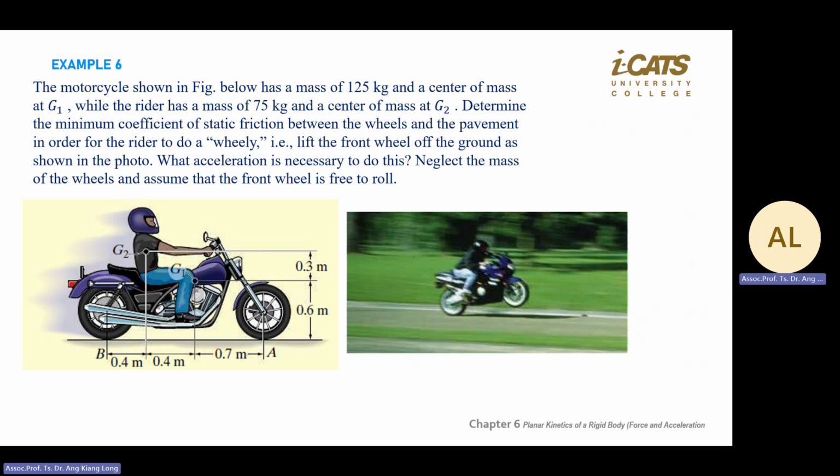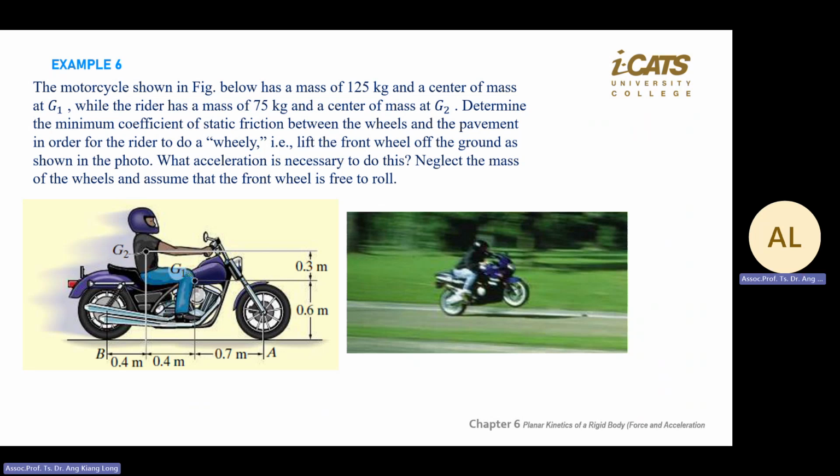And then how do we do it? First, you draw the free body diagram. You have two objects, right? Each object, as long as you have a mass, there will be a W, weight pointing down at G1 and G2. By now, you should be able to draw a free body diagram.